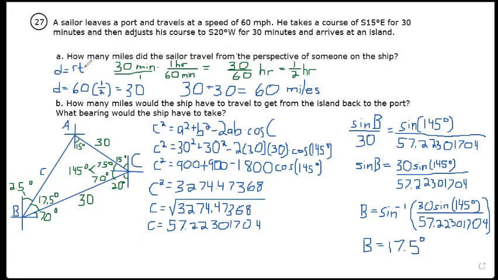Now, for time, we cannot plug that one in directly because the time is in minutes and the speed is in miles per hour. In order for us to plug the time in, we need the time to be in hours. So in order to do that, we're going to have to perform a conversion. So we would take the 30 minutes and we would need to multiply that by 1 hour per 60 minutes.